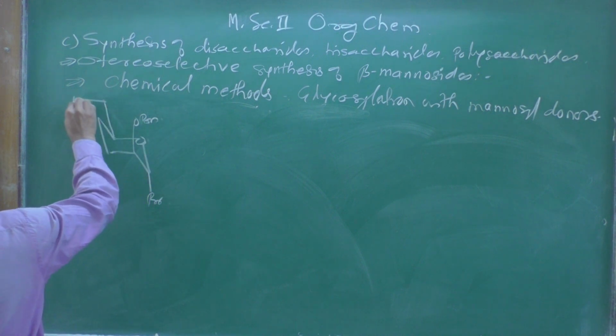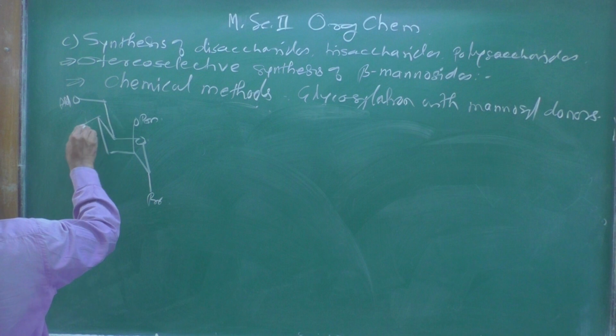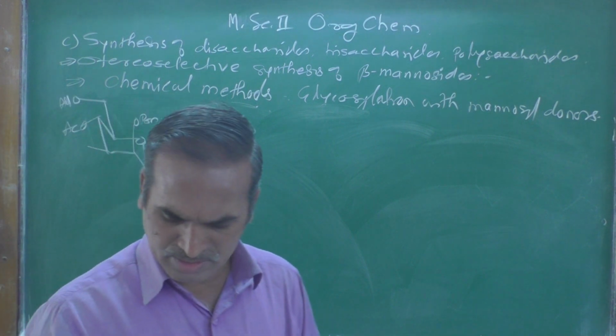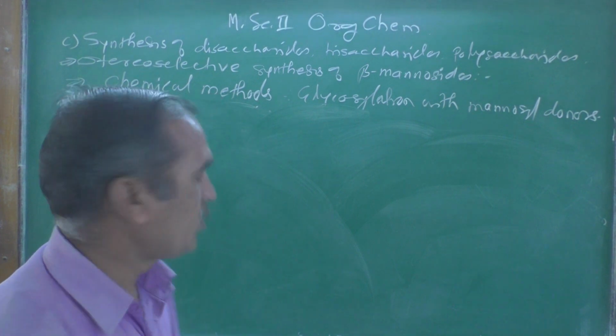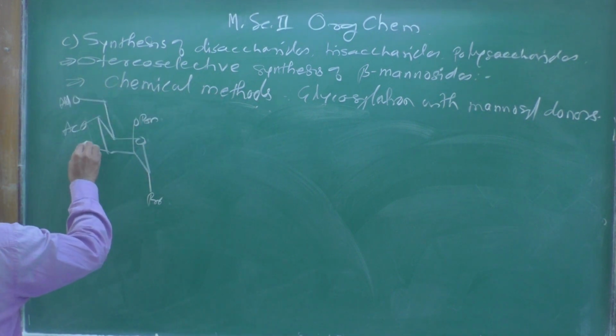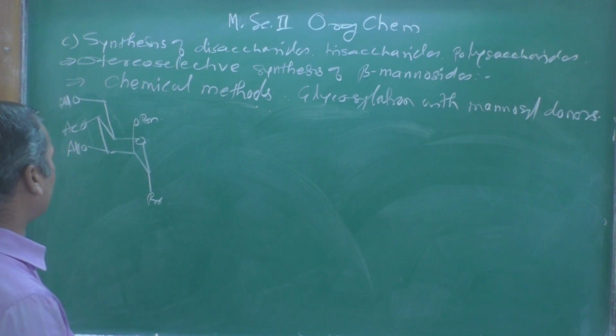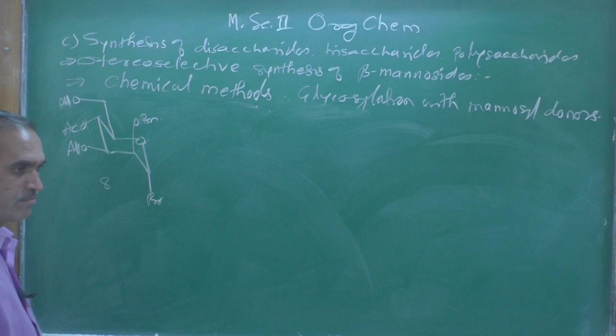Here you can write OBn, then OAc, acetyl, and here OBn. These are the protected groups. Now this is structure number 8.